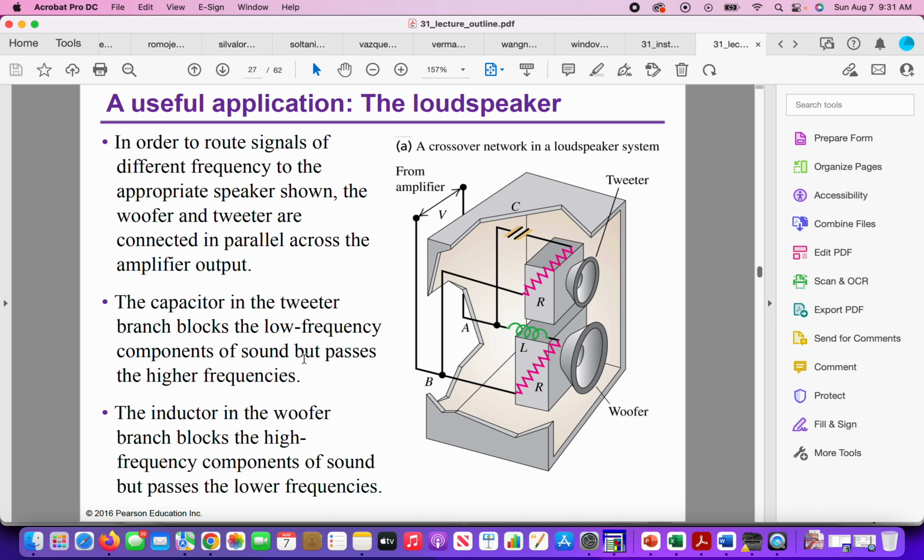Also, we will have one problem talking about this. It blocks the low frequency components of sound but passes the higher frequencies. And the inductor in the woofer branch blocks the high frequency components of sound but passes the lower frequencies.